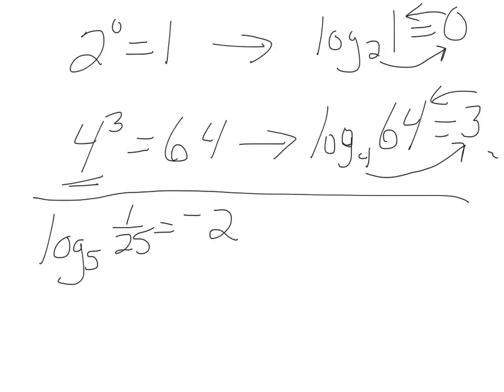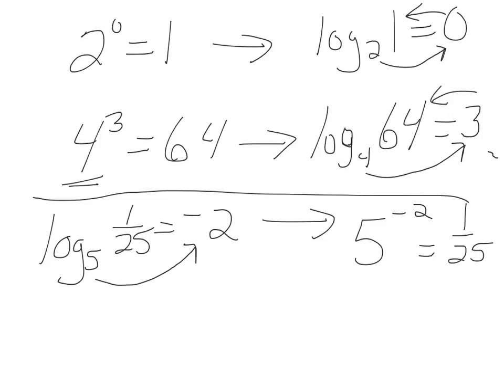So if we're given this logarithmic equation, all you have to plant in your head, sorry, that's my dog in the background, is that it's the base, in this case 5, raised to the power equals 1 over 25. And you can verify, is this true? Well, 5 to the negative 2, if I was going to recheck it, I have to sink that 5 into the denominator, and then my next step would be to square it, and that's exactly what I get. So I can double check that that is true.